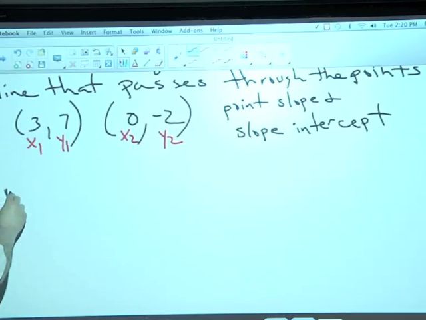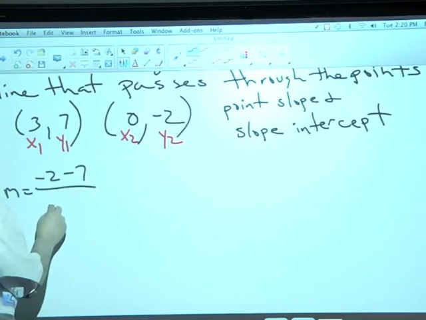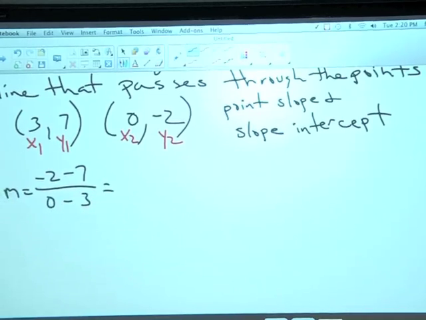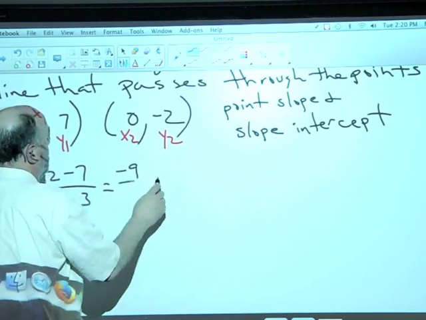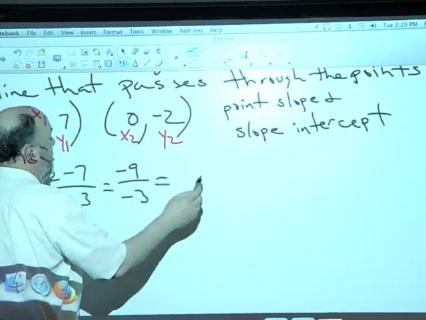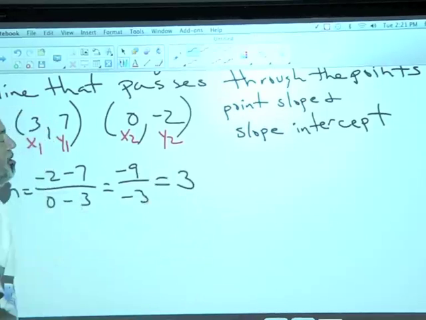M is going to be minus 2 minus 7 over 0 minus 3. Minus 2 minus 7? Negative 9. 0 minus 3. And this becomes 3. That's my slope.